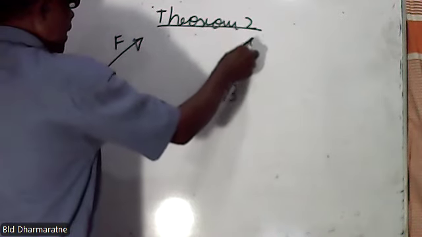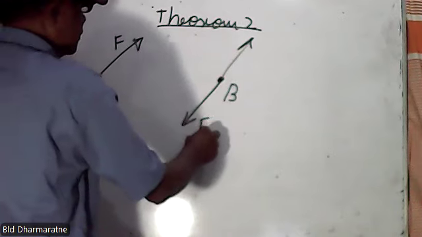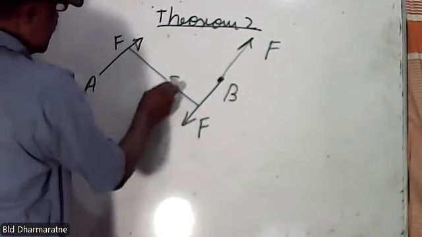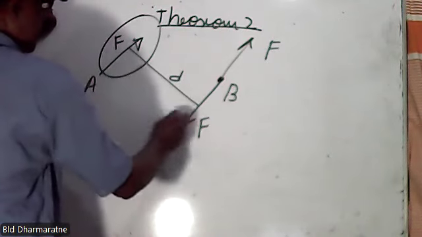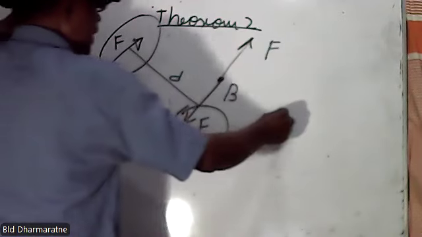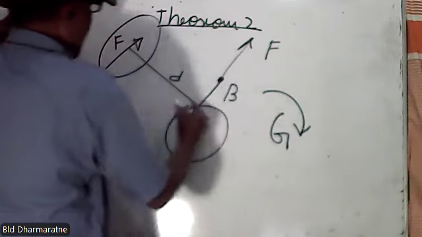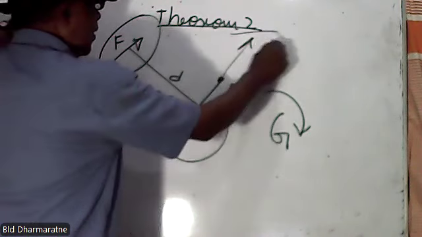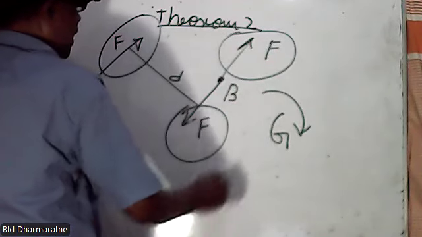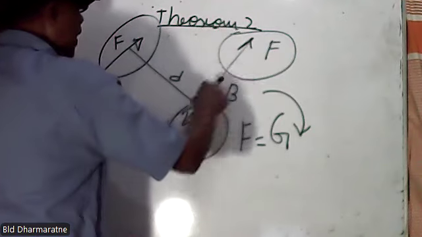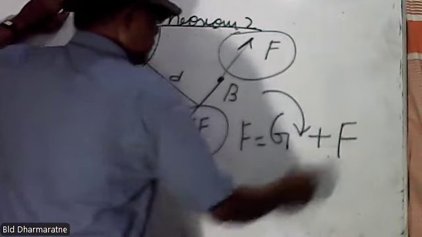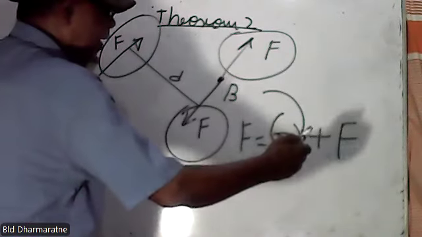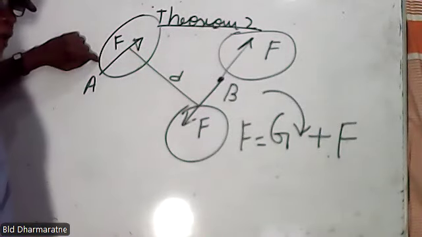We create F and F parallel to it. Say the distance is D. This force and this force create the couple FD. The remaining force is F. So a single force can be replaced by a couple and another single force of the same magnitude.